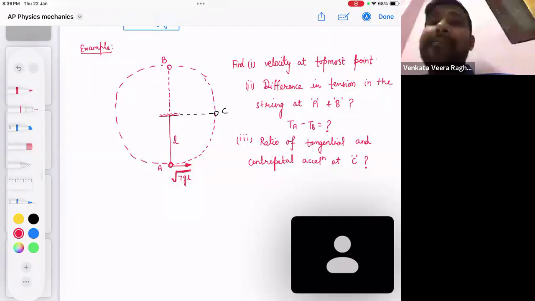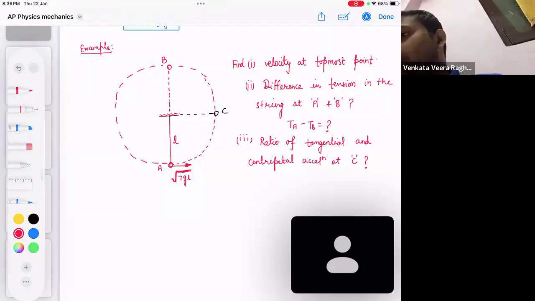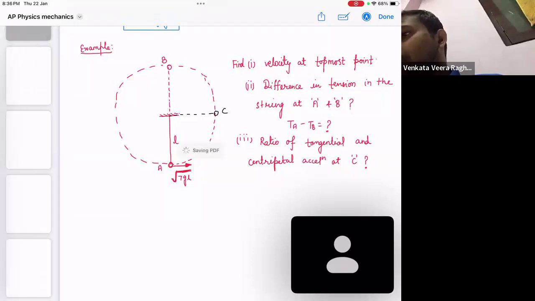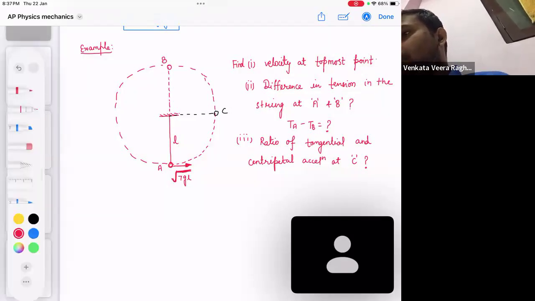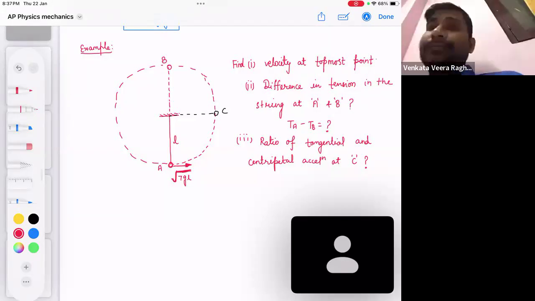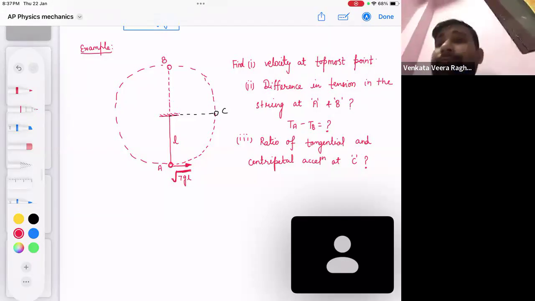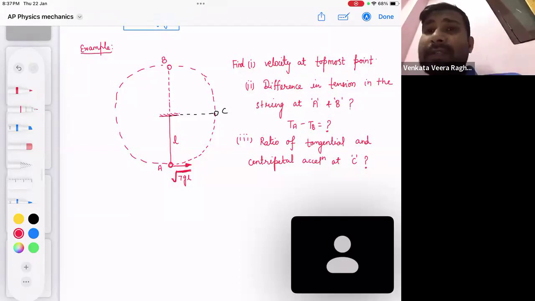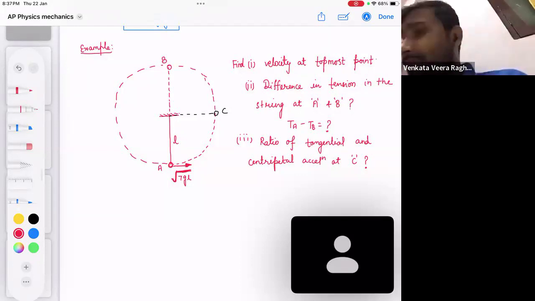Please tell me how much is this coming? Are you trying? Did you get the velocity at the topmost point by applying the work energy theorem between A and B?